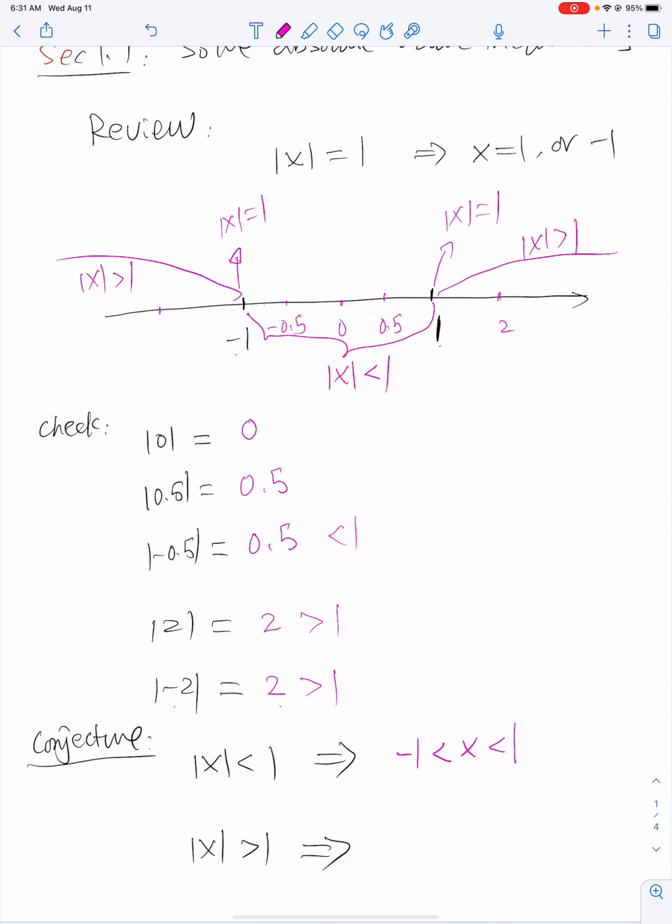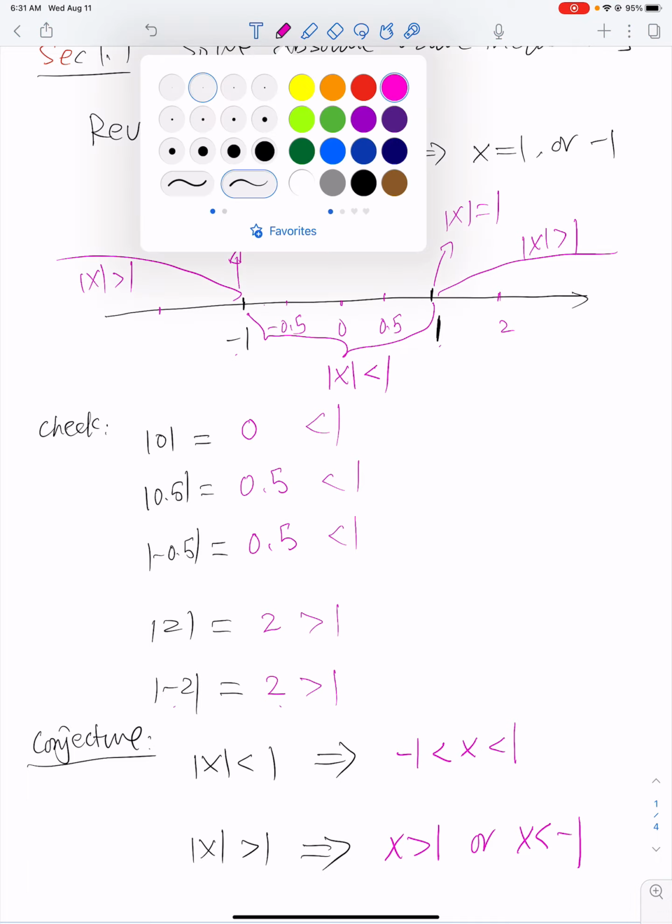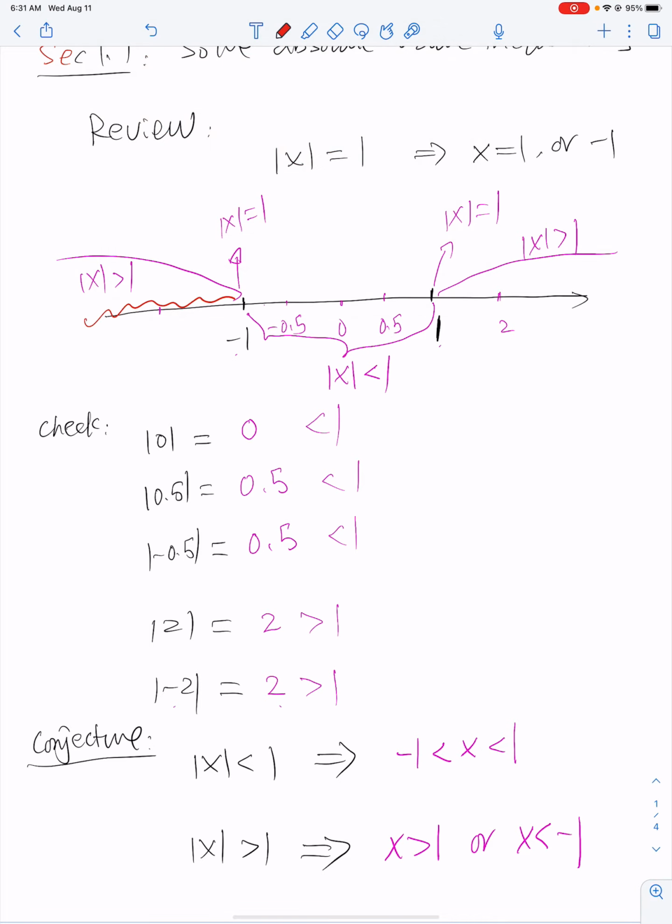So for absolute value bigger than 1, what will be the two parts? x bigger than 1 or x less than negative 1. These two parts. Are you with me? So look at the picture and think about it, okay?